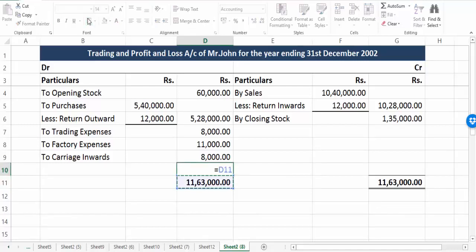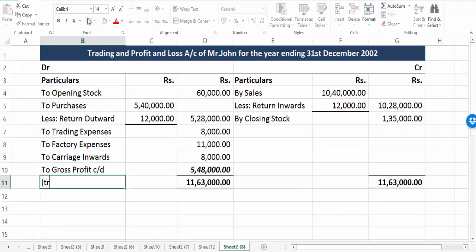So 11,63,000 minus sum of our items, and it is 5,48,000. So this is nothing but the gross profit, right? To gross profit carried down, and it is transferred to profit and loss account.